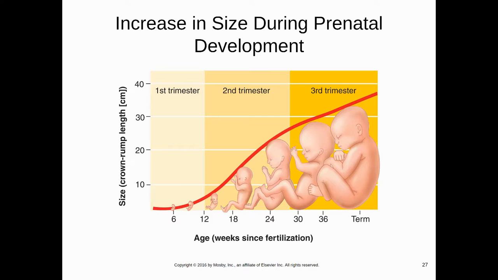As you get through your first, second, and third trimester, and once you make it to term, they're going to be getting bigger and bigger, developing more of the things they need to develop, specifically lungs, heart, brain, etc.